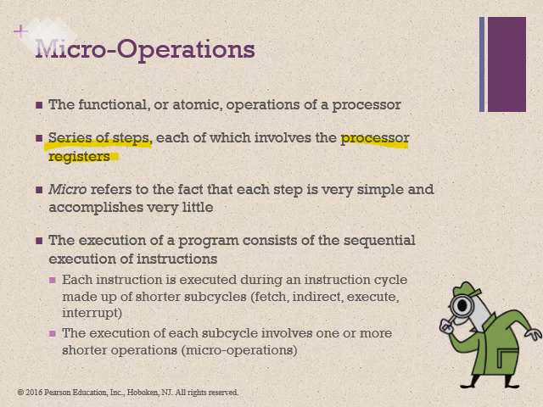We refer to those steps as micro-operations. The prefix micro refers to the fact that each step is very simple and accomplishes very little. Figure 20.1 in the next slide will explain this in detail.